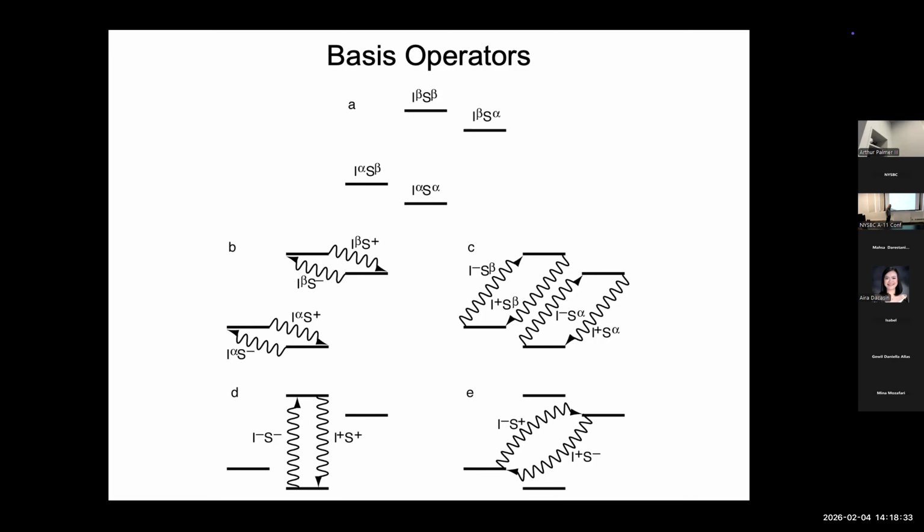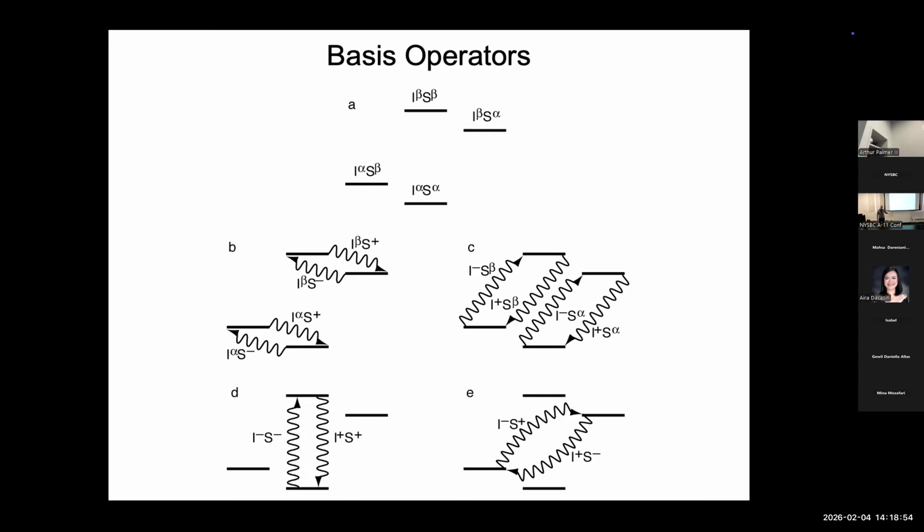Doesn't matter. This level either moves down or up, and this level moves by the same amount due to the J coupling. So the energy difference for the two quantum levels is unaffected by the J coupling.